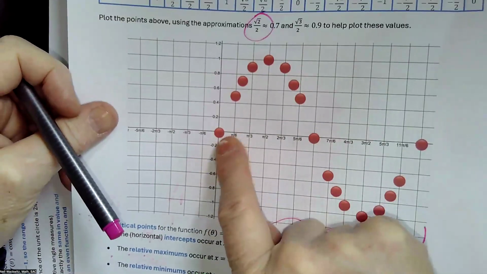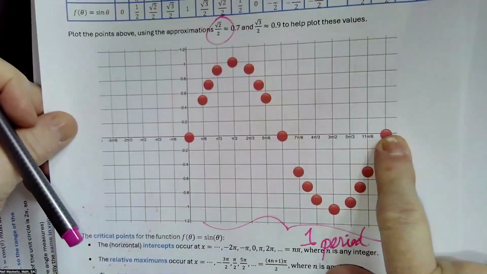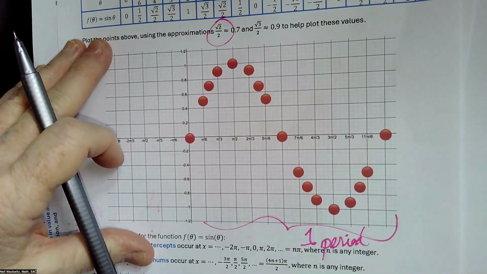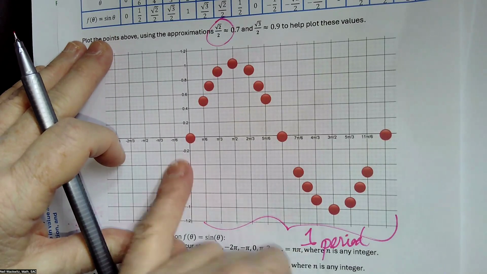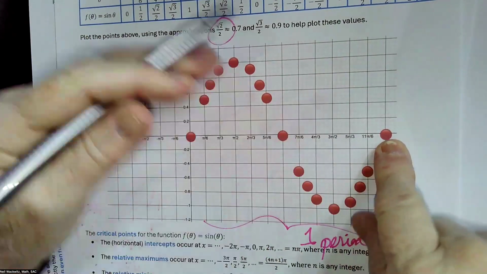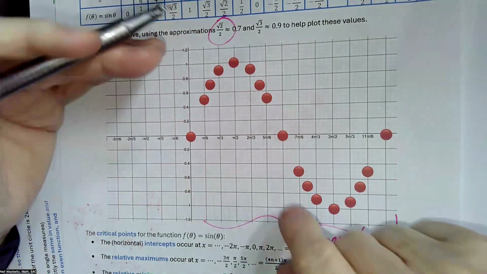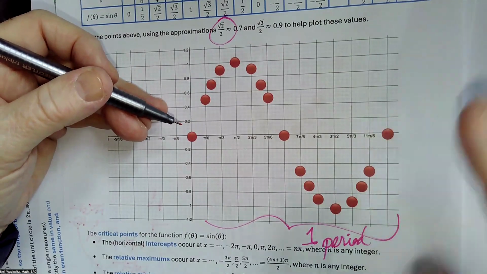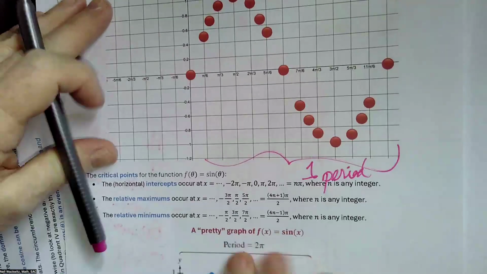So we know that sine hits the x-axis at every multiple of pi. At 0 pi, 1 pi, 2 pi, 100 pi, we know that sine will hit the x-axis at every single multiple of pi.